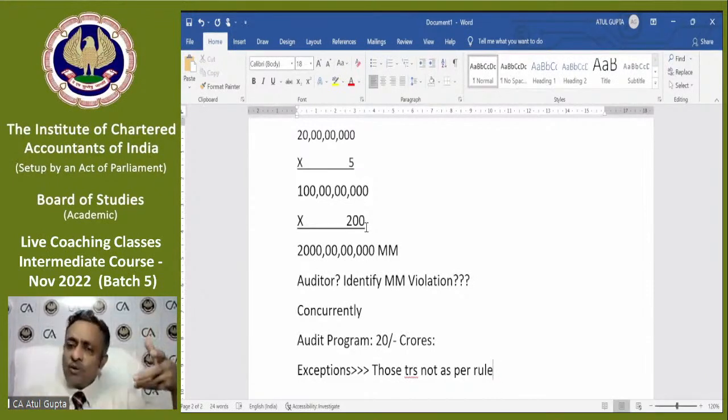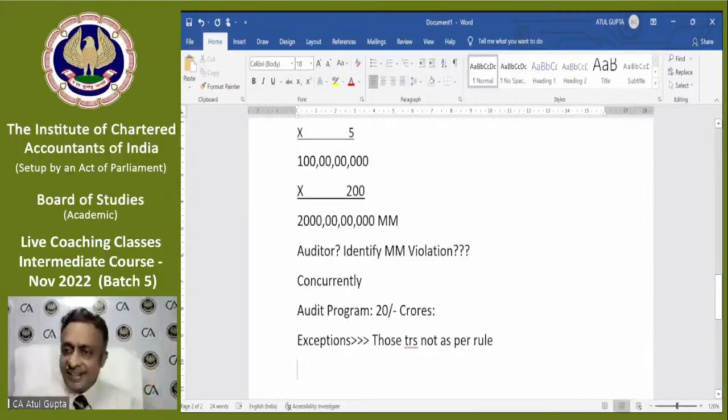Now daily 20 crore transactions, and you define the exception. Say for example, you find exceptions in 10,000 transactions. So the volume of 20 crore daily transactions is reduced to 10,000 transactions. These exceptions are recorded on a special file.